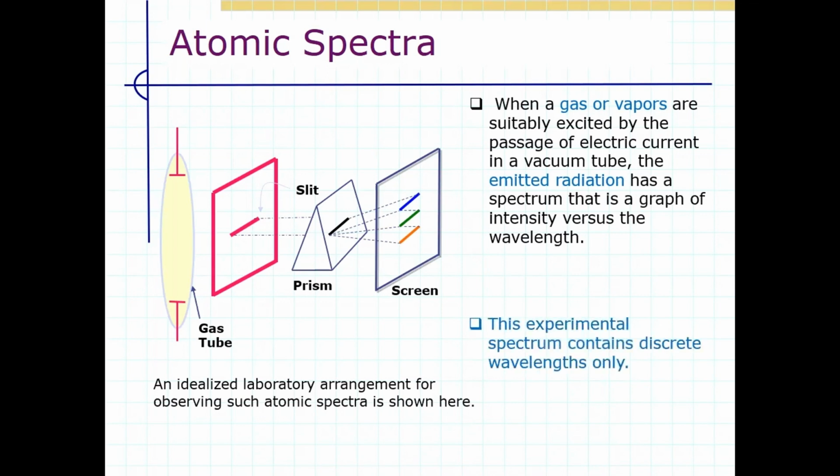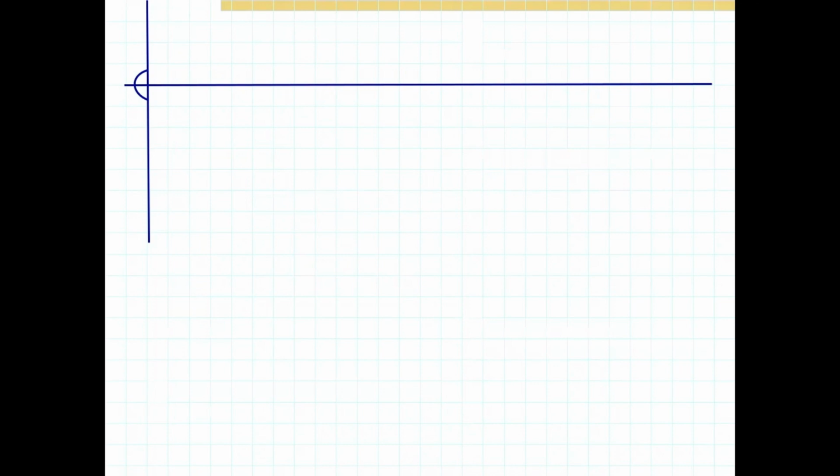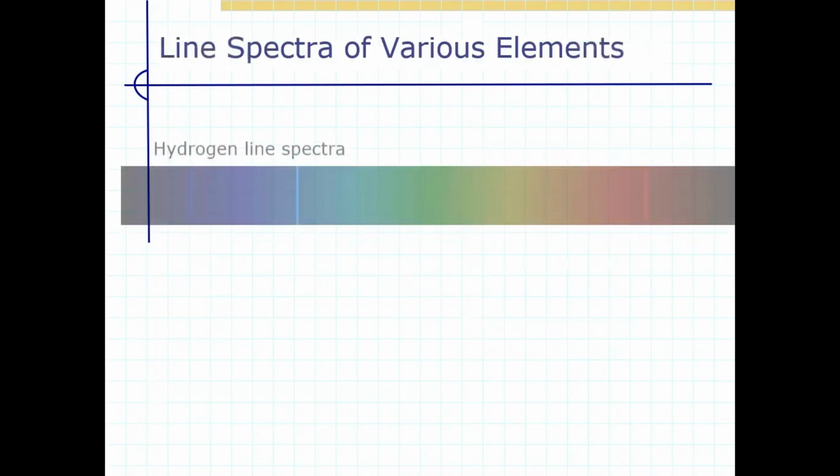This experimental setup was used to find out the spectrum for various gases. The gases were changed, and elements were changed, the molecules were changed, and all contained discrete wavelengths.